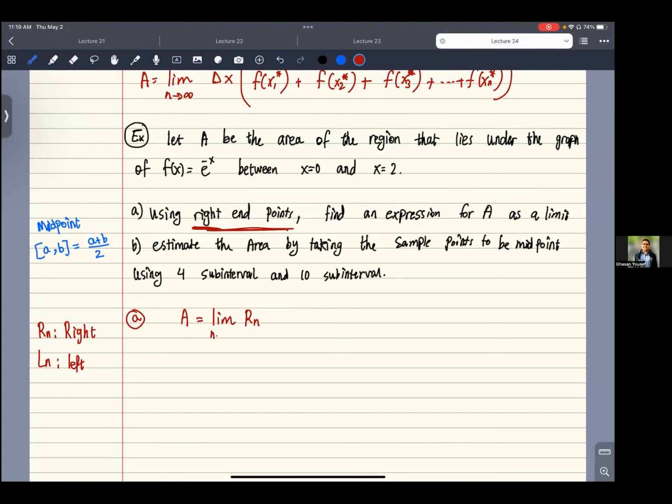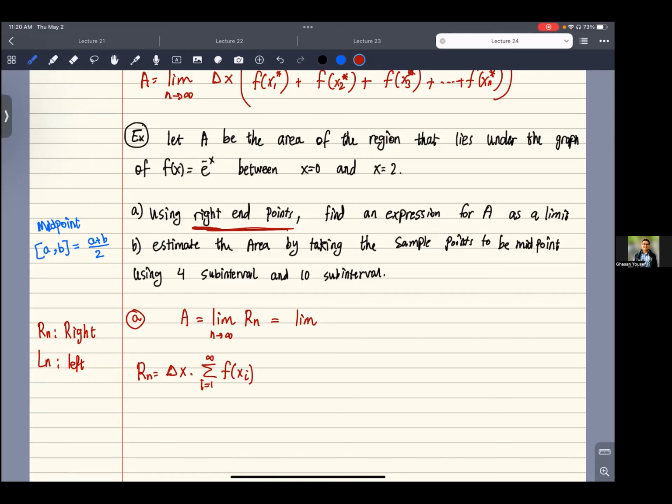Limit when n goes to where? To infinity. So what is the formula of Rn? It is delta x times the sum of f of xi, starting from i equals 1 up to n.